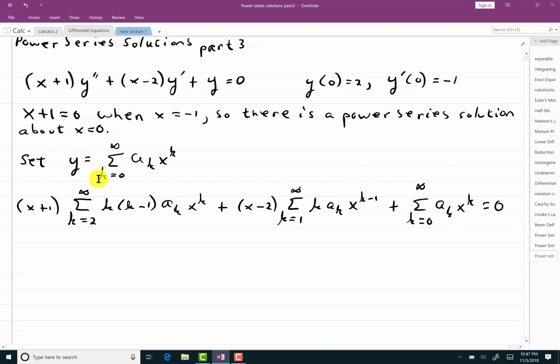So what I'll do first is I'll multiply through, distribute the series through the x plus 1 and the x minus 2. And I want to go in a step-by-step fashion so as to minimize mistakes. The ability to make mistakes in problems like this is very high, so you should probably go slower than you want to. Like I said, paying attention is important. I forgot to take the x to the k minus 2 on that first piece. Then I'll have plus 1.